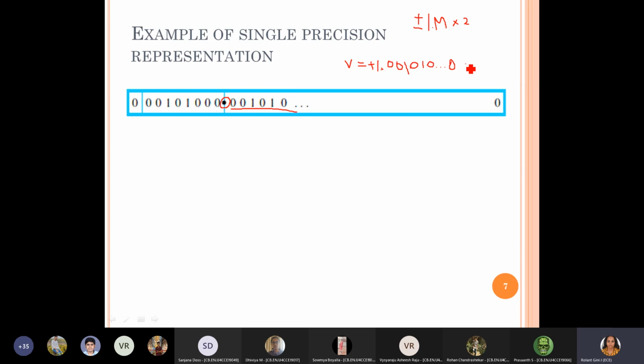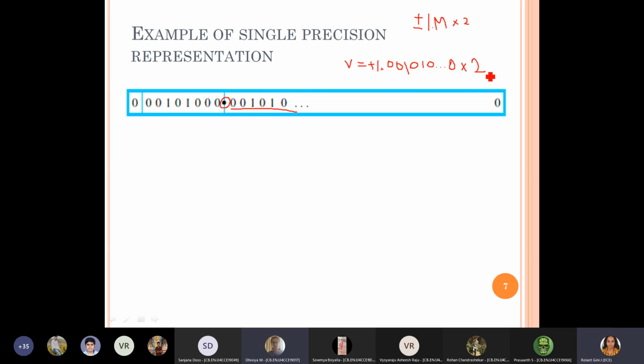Next comes the scale factor, and the scale factor is 2 power, and here what we are supposed to do? You have to go with minus 127 plus this value.